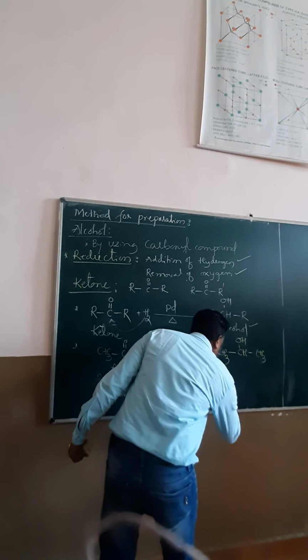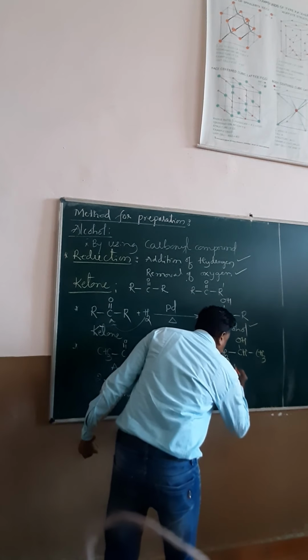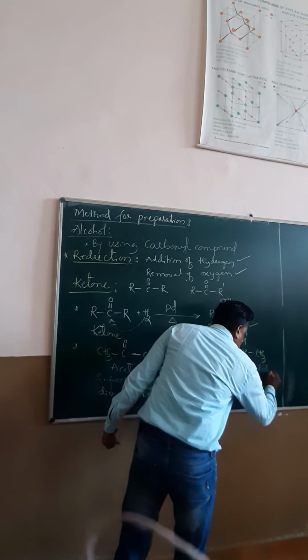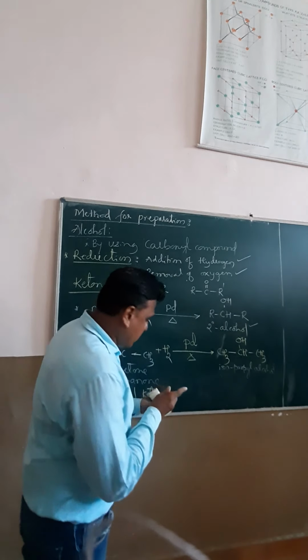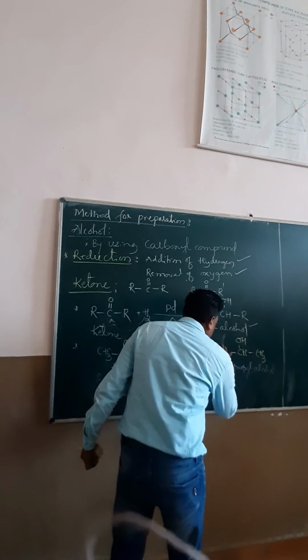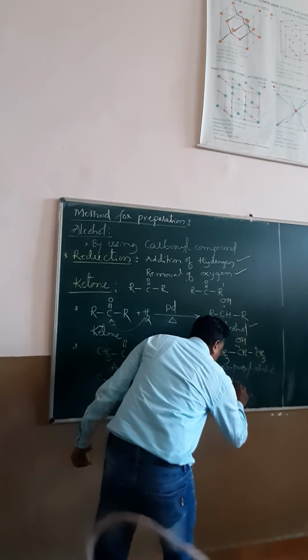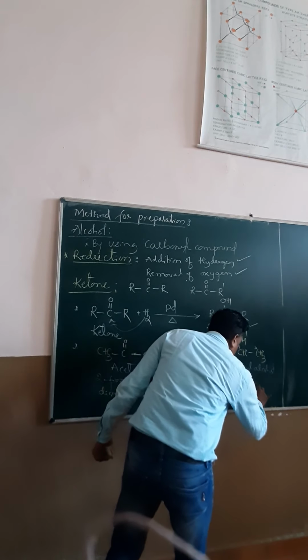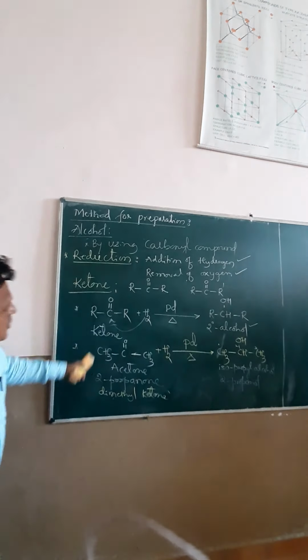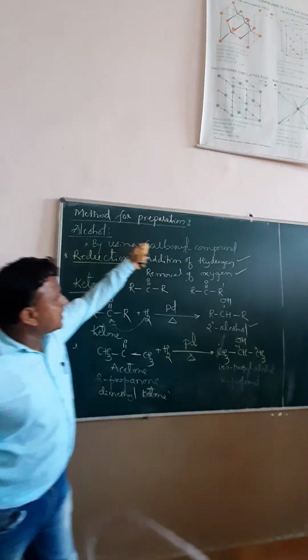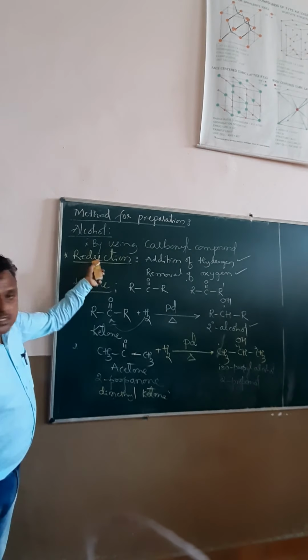We all know it as isopropyl alcohol. Isopropyl alcohol in IUPAC is 2-propanol, numbering 1, 2, 3. And this is also the preparation of alcohol from carbonyl compounds by using a reduction reaction.